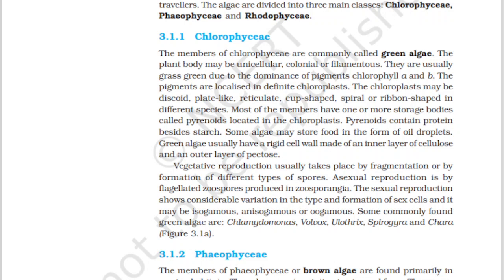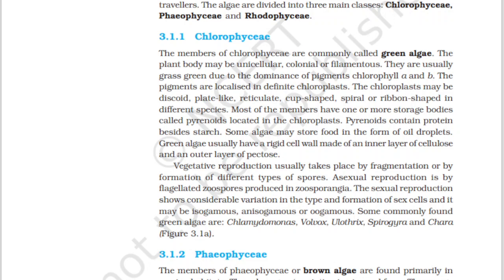Vegetative reproduction usually takes place by fragmentation or by formation of different types of spores. Asexual reproduction is by flagellated zoospores produced in zoosporangia. And sexual reproduction shows considerable variation in the type and formation of sex cells, and it may be isogamous, anisogamous, or oogamous.